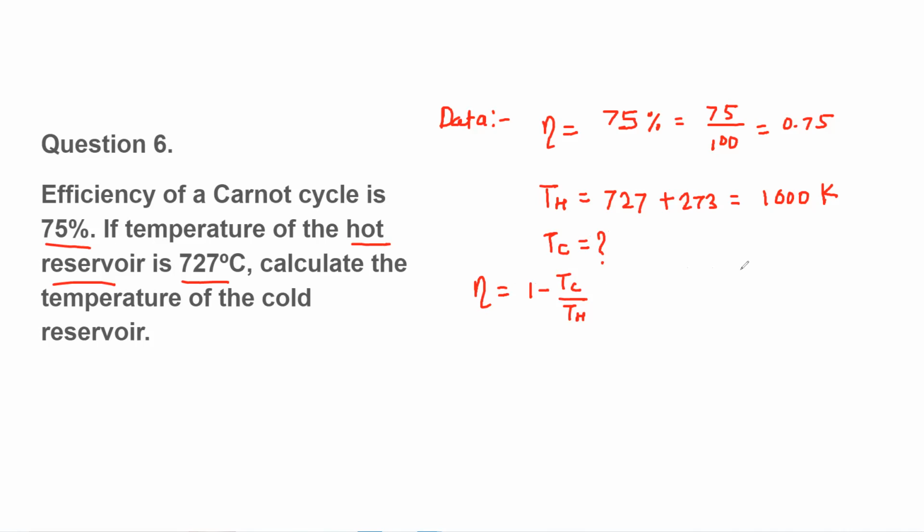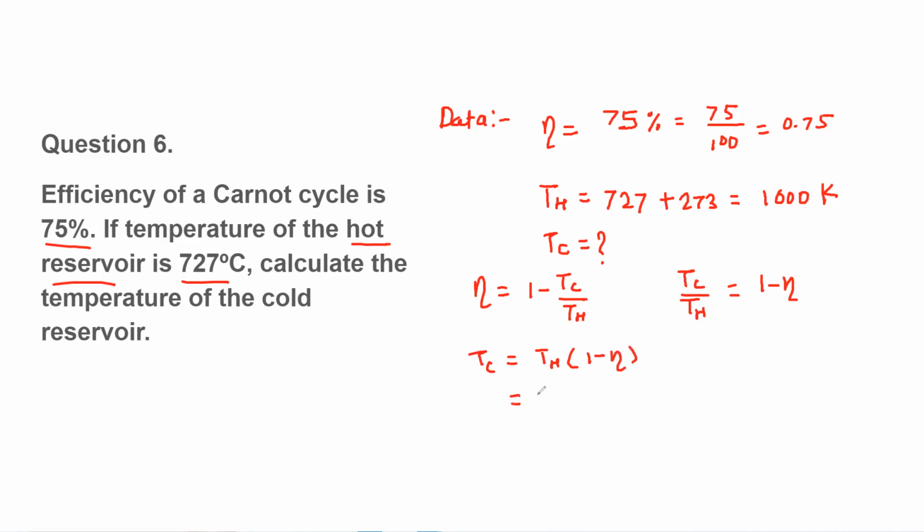TC upon TH is equal to 1 minus eta, then TC is equal to TH into 1 minus eta.